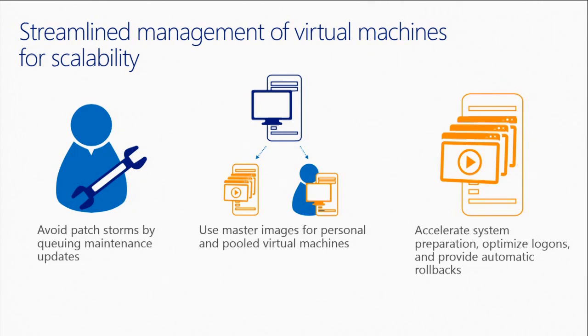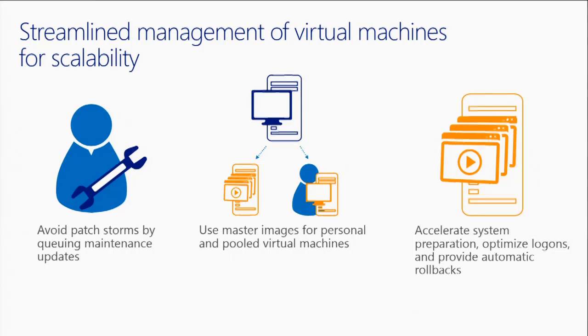So 10 I/O operations per second per user when they're working. The reboot and the login process is about 200 IOPS, which means that's expensive for you. It takes a lot of time and it really bogs down the system when you have to reboot machines. So when you have those processes like rebuilding your master image or Patch Tuesday at 2 a.m.